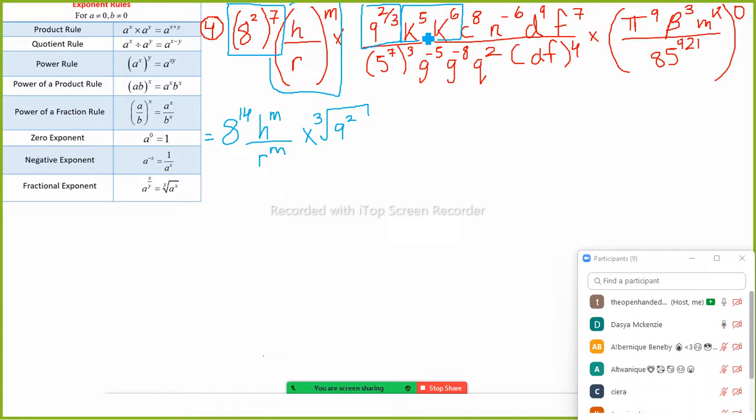Oh, okay, we keep the base and we add the powers. So that'd be k to the power of 11. K to the power of 11, very good.